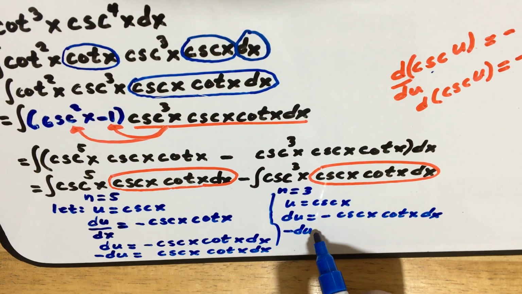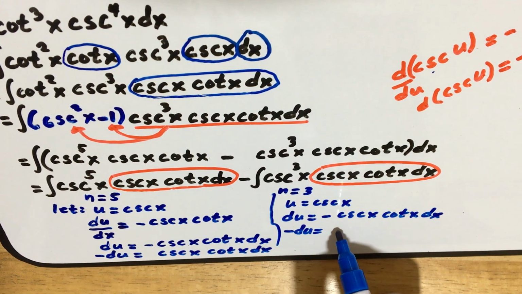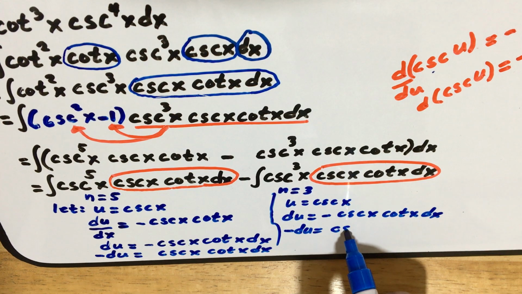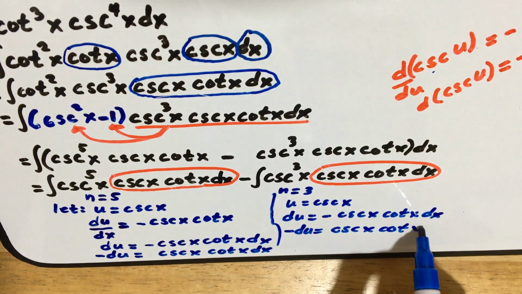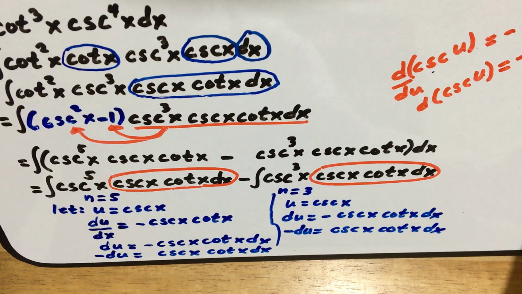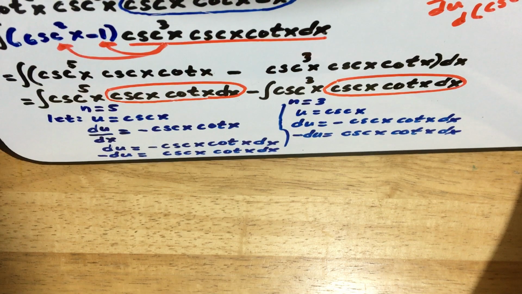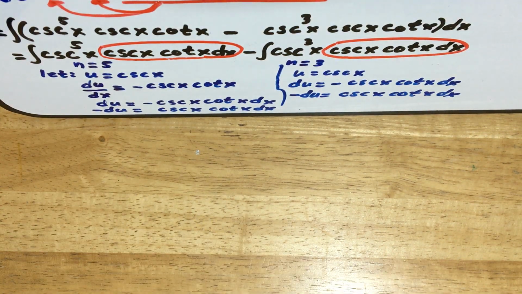When you multiply this equation both sides by -1, this becomes negative du, and the negative here becomes positive cosecant x cotangent x dx. Alright, so I will continue here in the next board.